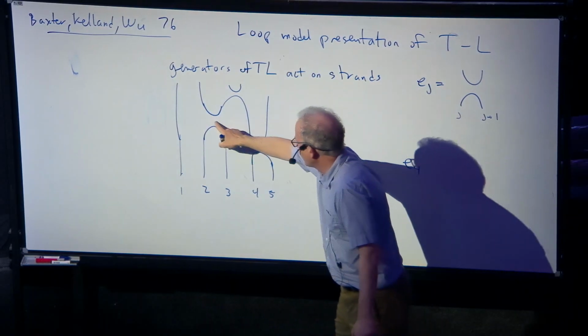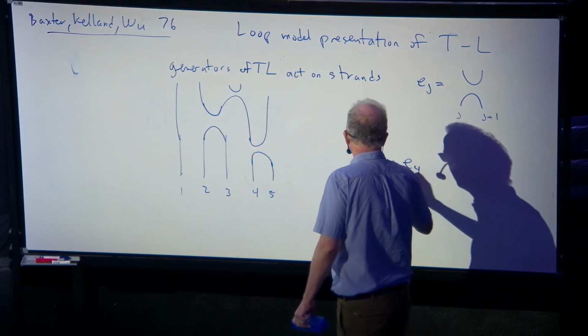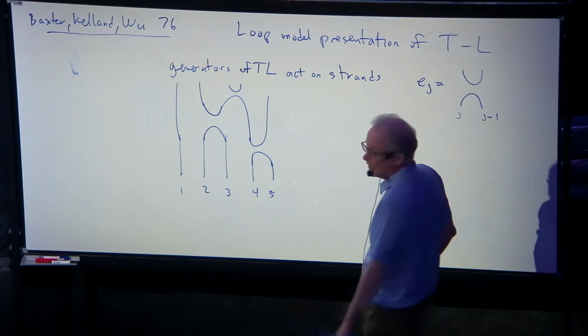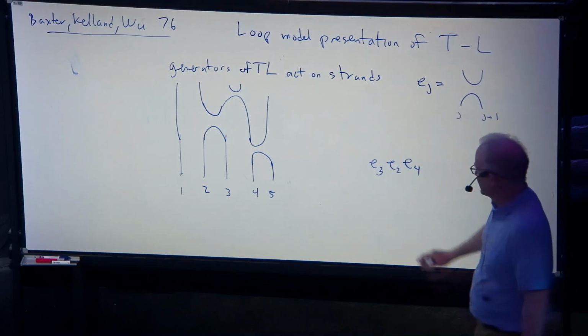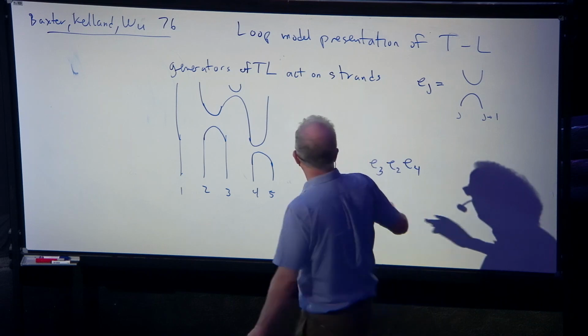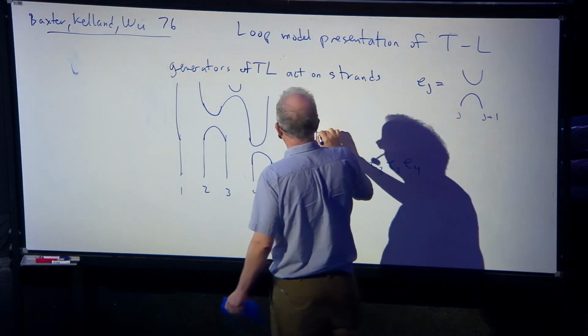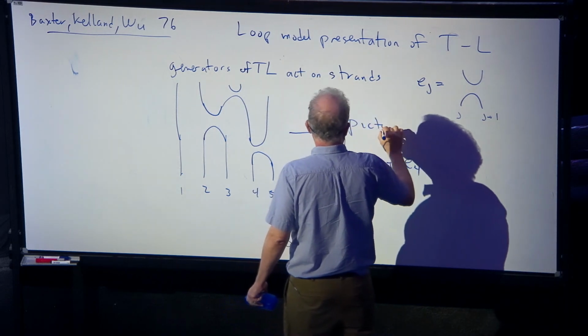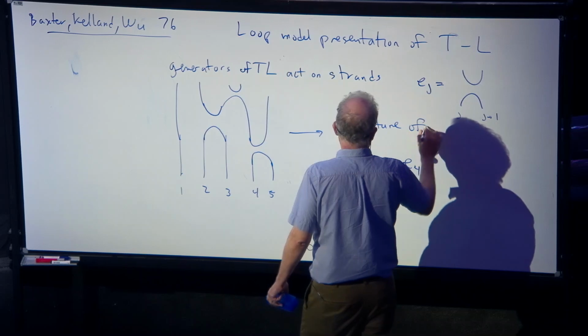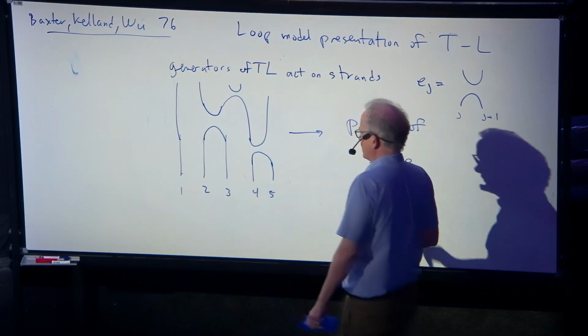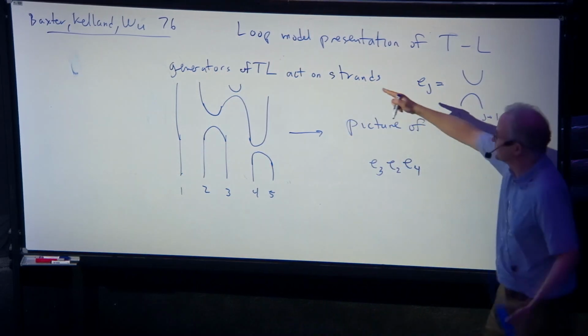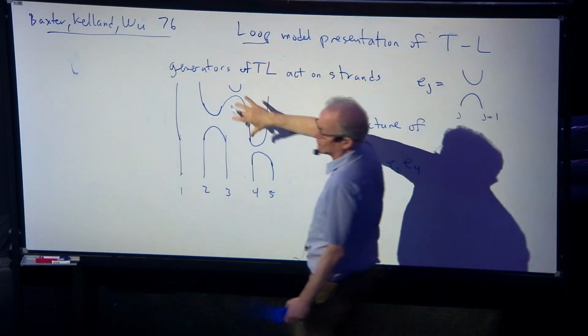And then I act with E2. And then with E3. And so this is the picture version of this. And notice why it's loops is because these are never intersecting.